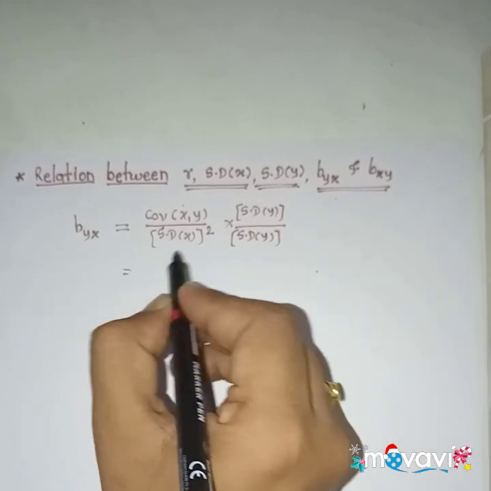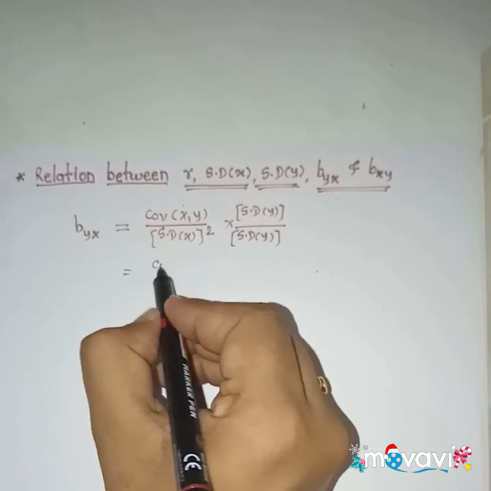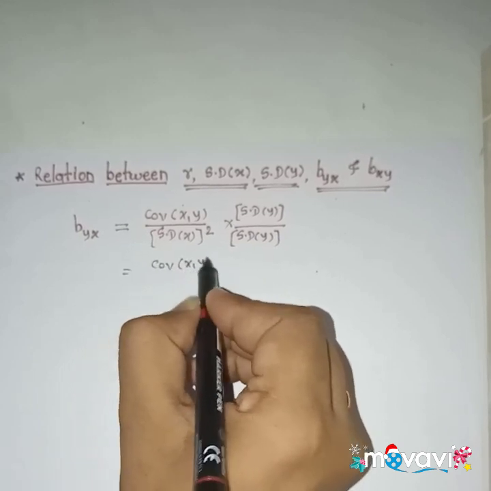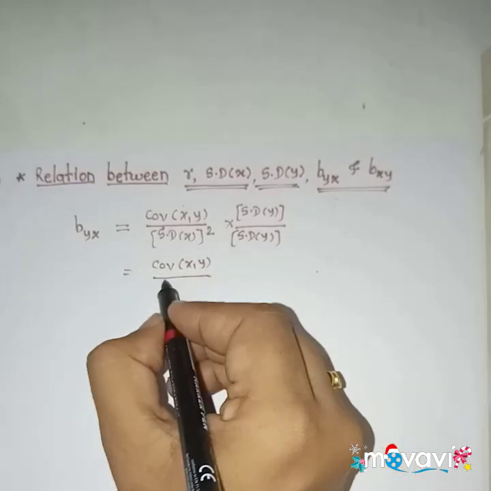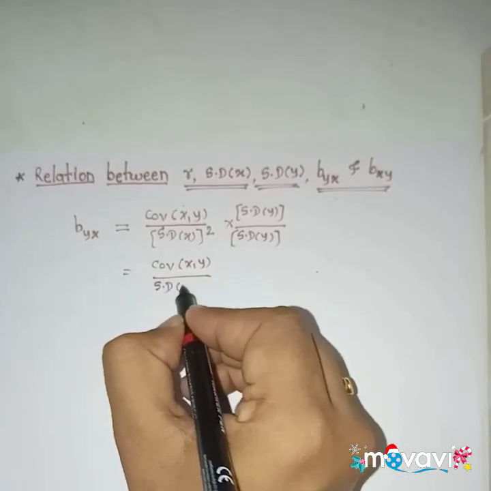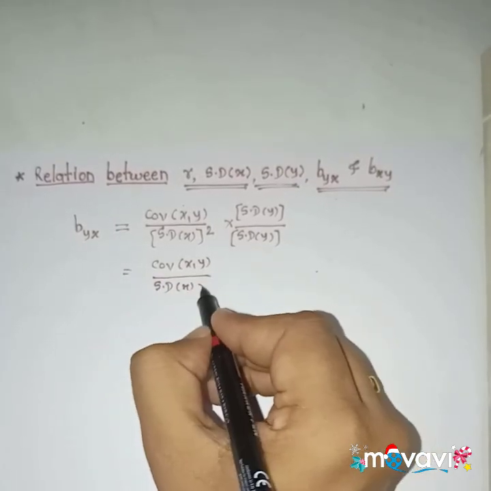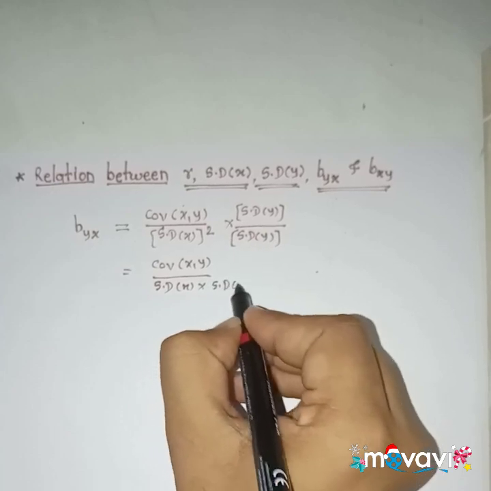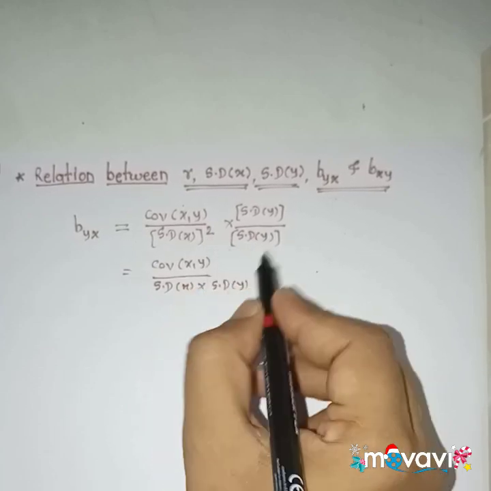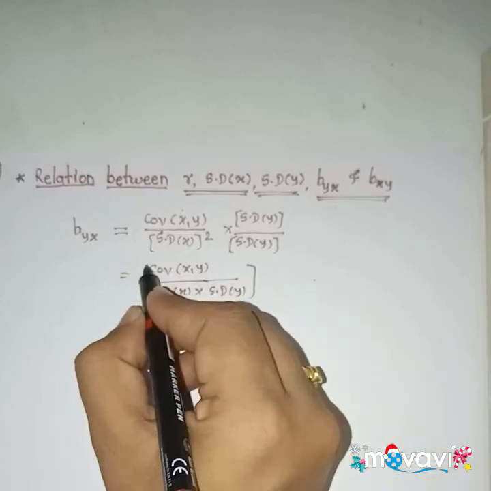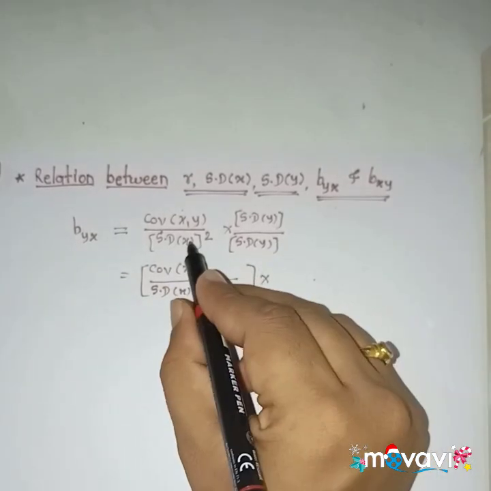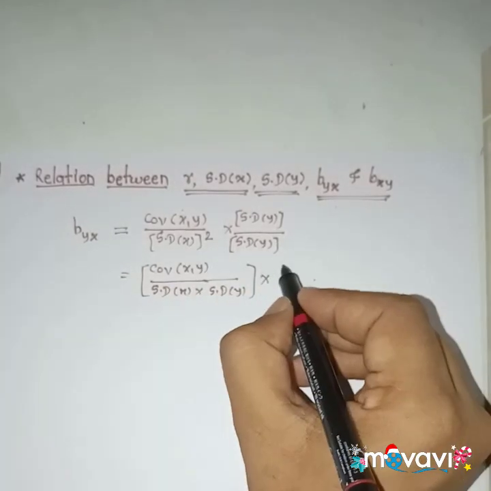So covariance of xy upon standard deviation of x into standard deviation of y. Take this standard deviation of y here inside the bracket and take one standard deviation of x outside the bracket.